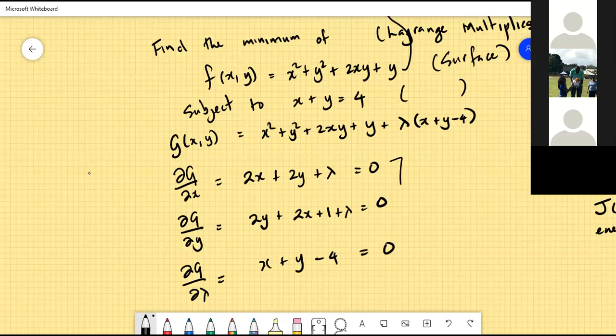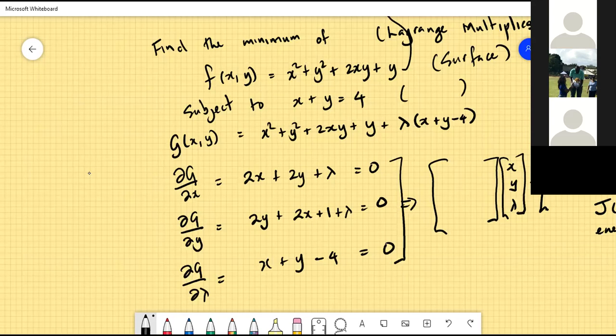And then in maths class, like I said, I'm not attempting to solve it. The unknowns x, y, lambda form a matrix equation: 2, 2, 1; 2, 2, 1; 1, 1, 0 equal to 0, 0, 4.